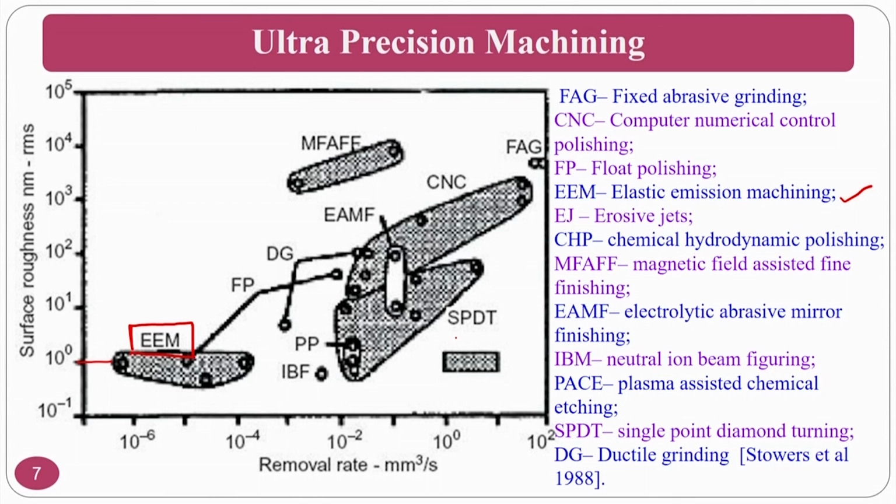Most of the other processes are not relevant to abrasive processes, like single point diamond turning, CNC metal cutting and other things, which will not come under abrasive finishing processes. That is why we have not studied ion beam machining and all those things. Among our processes, we have one process, elastic emission machining.